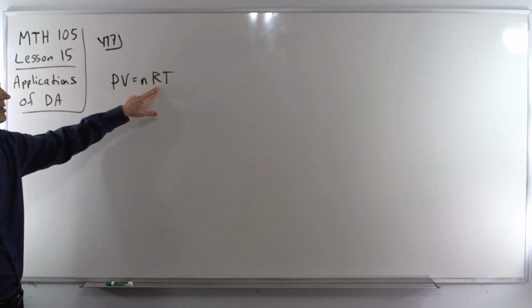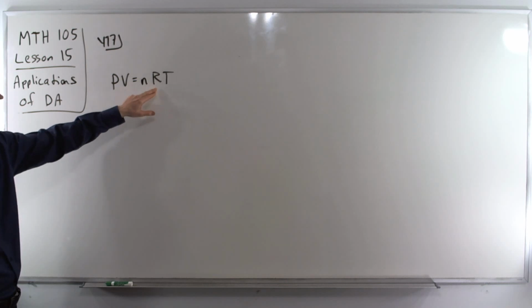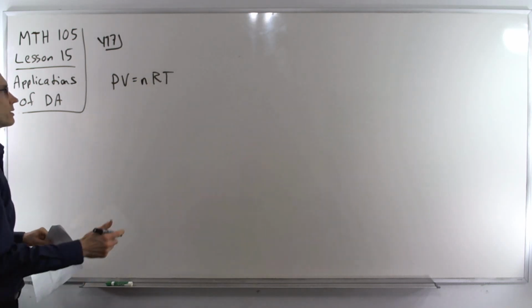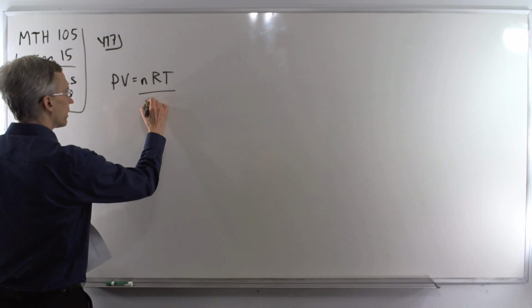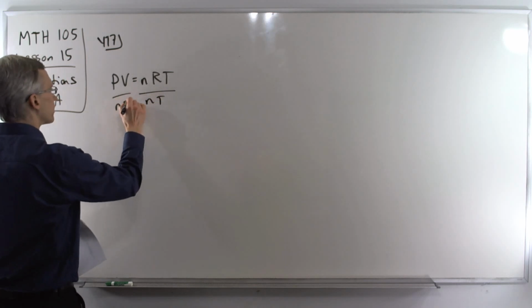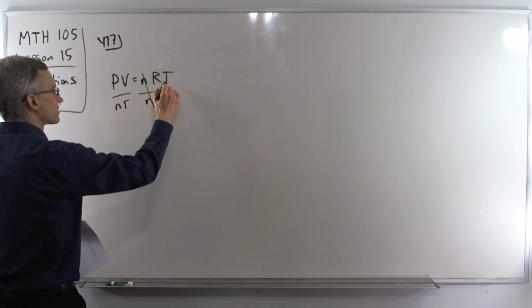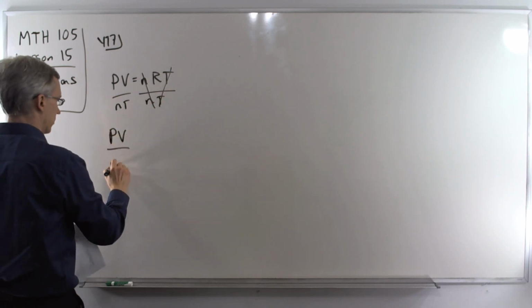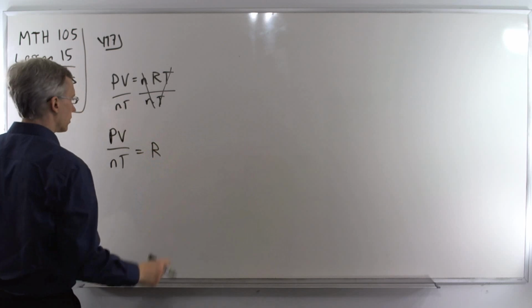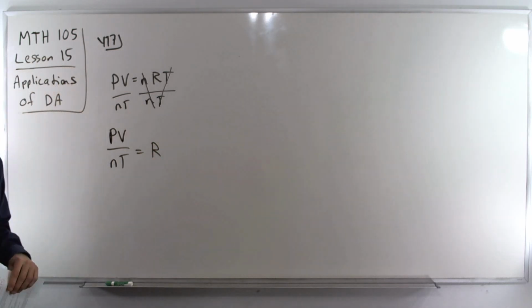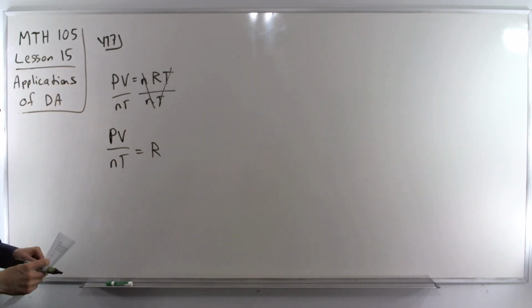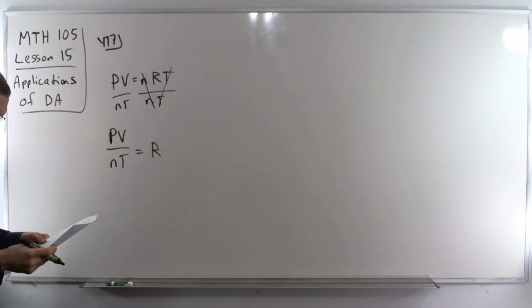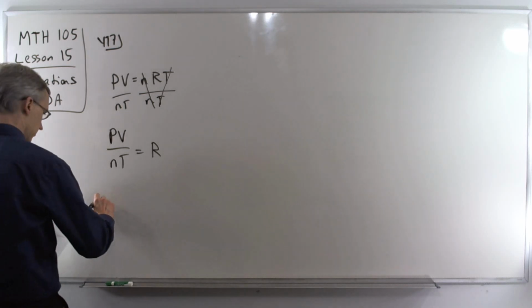All right, so we want the units of R. So just like last time, let's get R by itself by solving for R. So we divide by nT on this side and nT on this side. All right, n's cancel, T's cancel. So that gives us PV over nT equals R. All right, now we're going to plug in the units. So pressure, atmospheres.